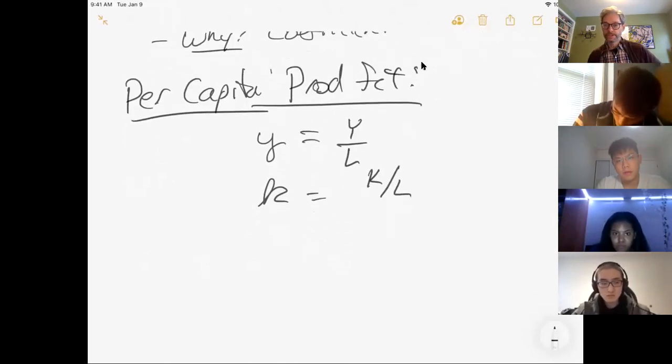So that's the notation we're going to use consistently throughout this class. When written in lowercase, we're talking about per capita. When written in uppercase, we're just talking about levels.